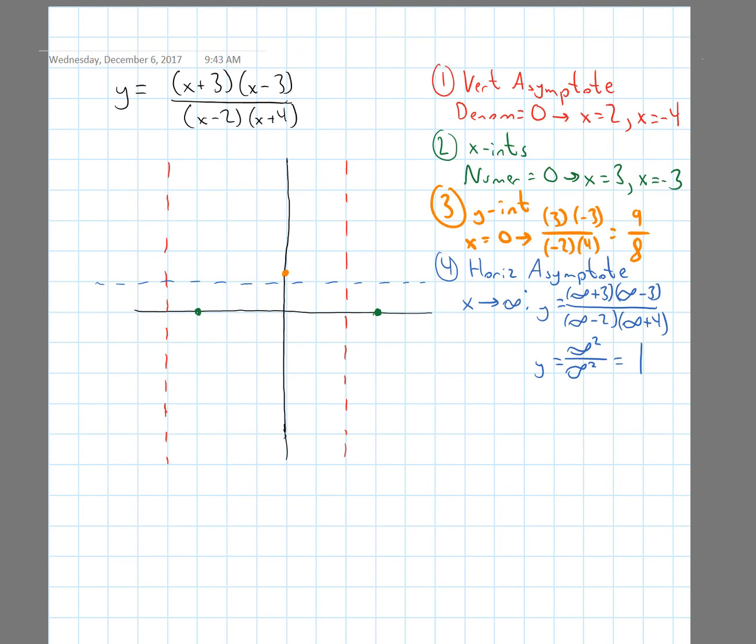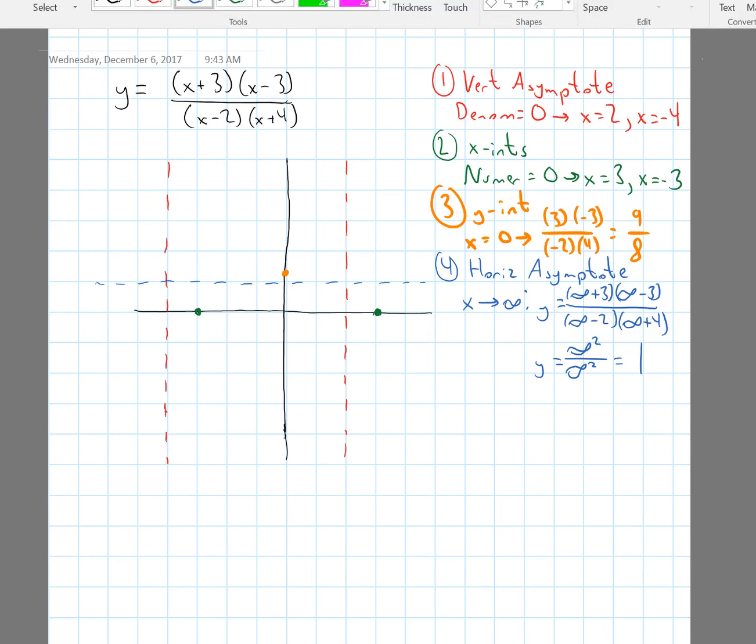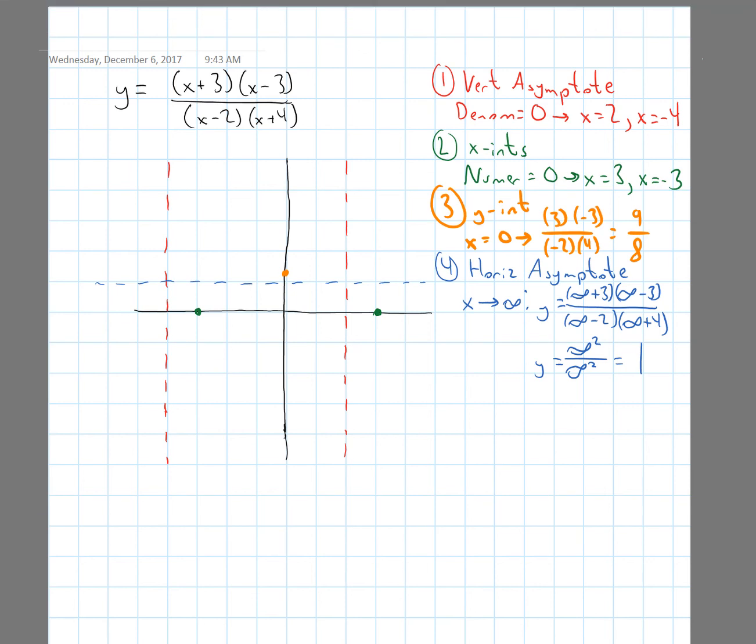And my next step would be to think about crosses and bounces. So let's think, is it going to be above or below? Let's think about the first region, all the way to the right. When x is greater than 3, so anything to the right of this, y equals positive first parentheses.